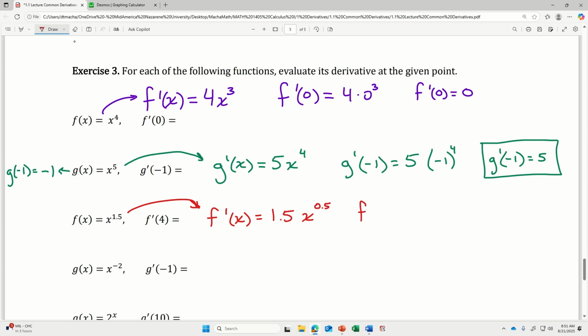Now let's plug in x equals 4 to that derivative, and we get 3. Because remember, the 0.5 power is the square root. The square root of 4 is 2, and 1.5 times 2 is 3.